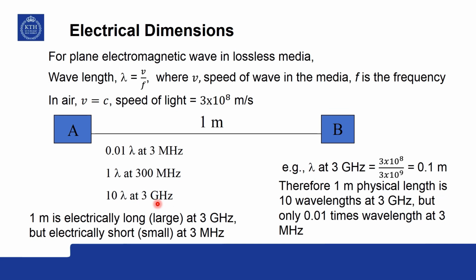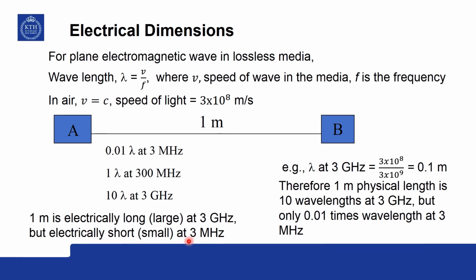So, we will introduce the concept of electrically long and electrically short. Often we will use these terms. We say 1 meter is electrically long at 3 gigahertz, because it means 10 wavelengths; it is several wavelengths.